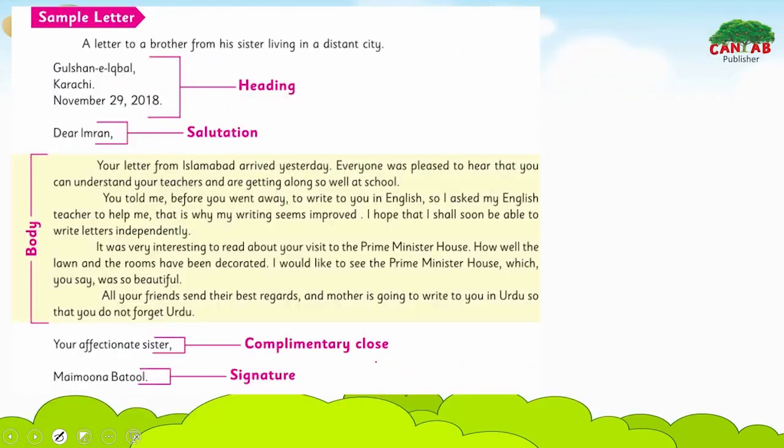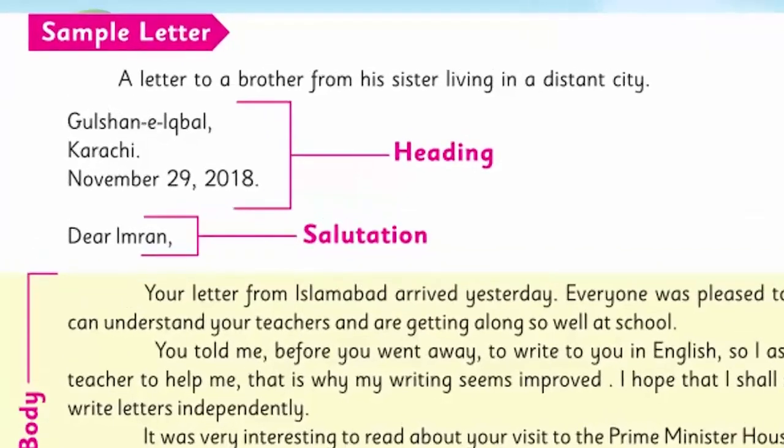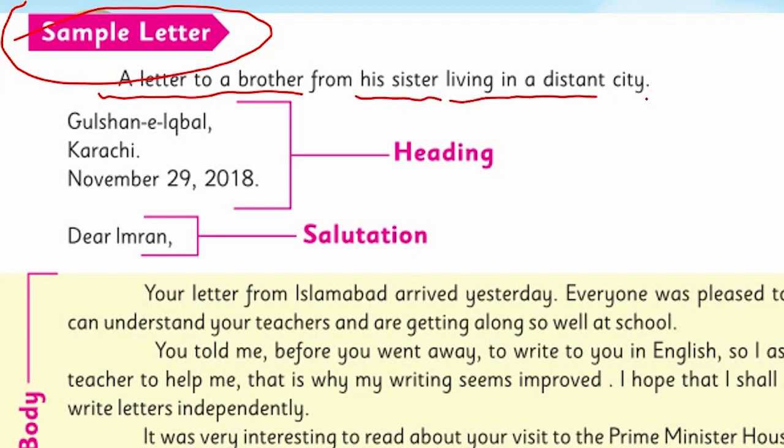On the next page it has been written. So the sample letter is here. It is a letter to a brother from his sister living in a distant city. The first portion is the heading. Now you can see clearly that in the heading the address is mentioned, for example, Gulshan-e-Iqbal, Karachi.